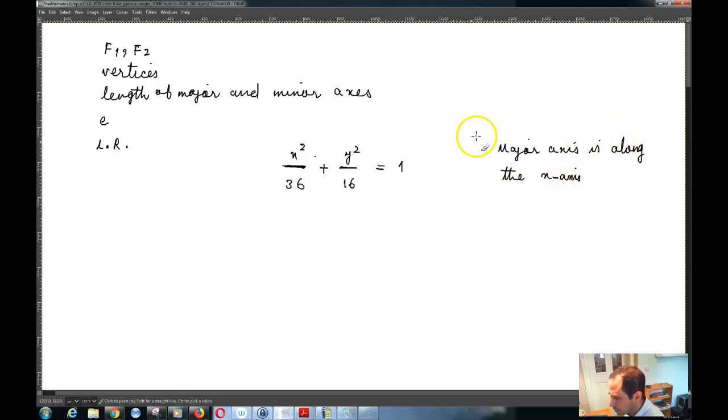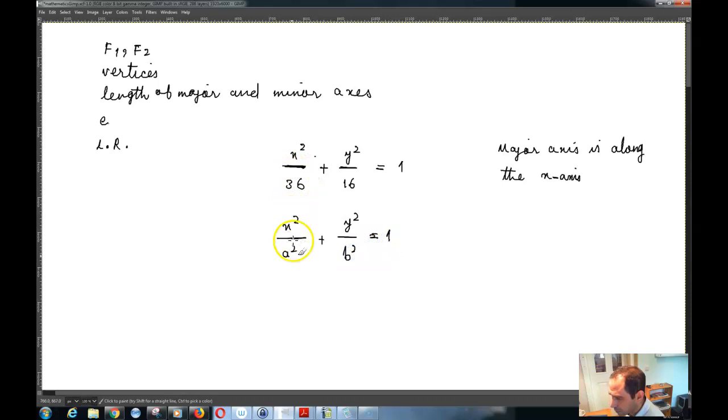Since the major axis is along the x-axis, I can write the equation of this ellipse as x squared over a squared plus y squared over b squared is equal to 1.